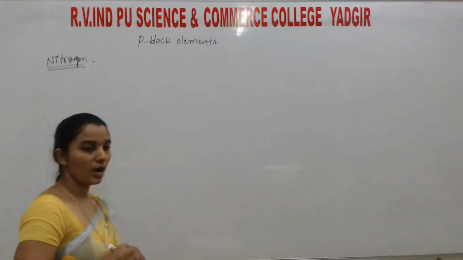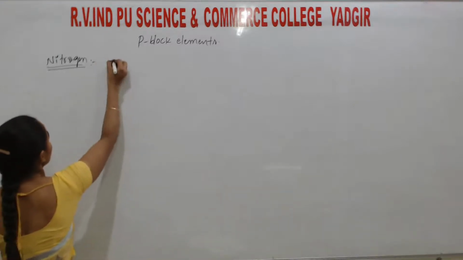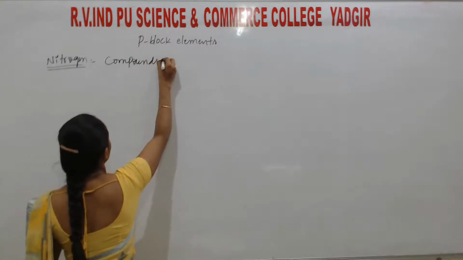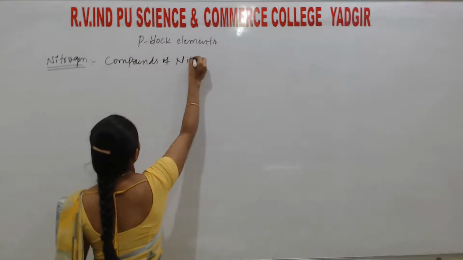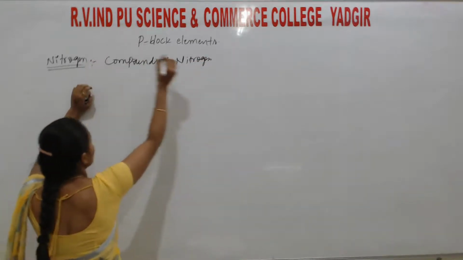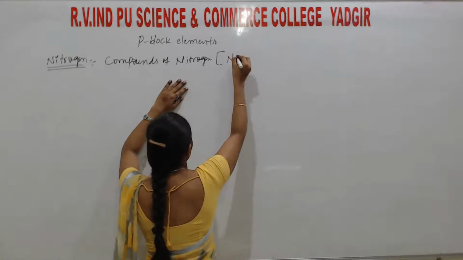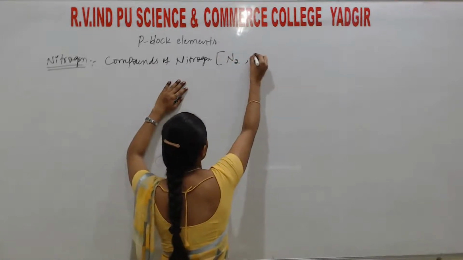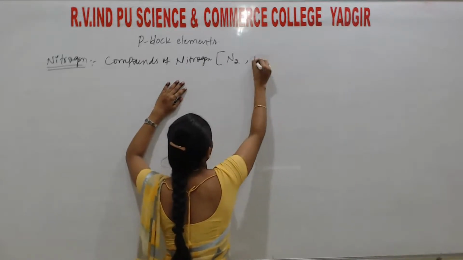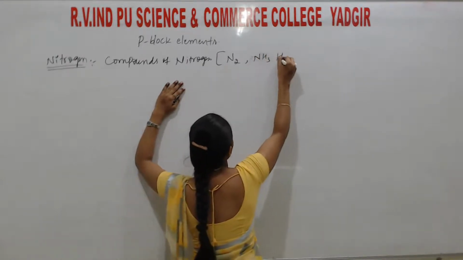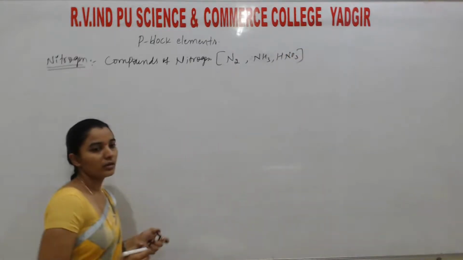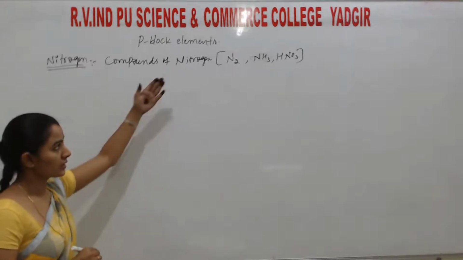Dinitrogen N2, NH3, HNO3 and HNO. These compounds we are going to study in the compounds of nitrogen.